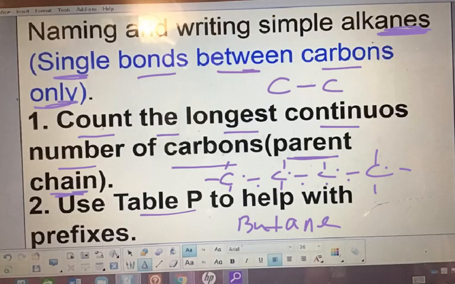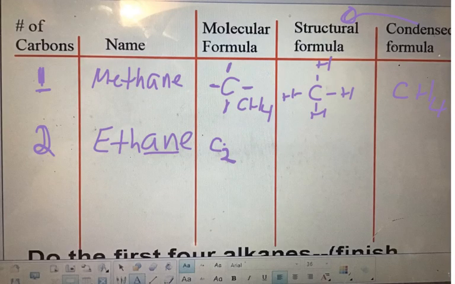Okay? Alrighty. So the previous molecular formula was CH4, and this molecular formula will be C2H6. How to write a structural formula? I write C, that's 2 carbons, and I write the hydrogens around it. Notice I have 1, 2, 3, 4, 5, 6 hydrogens around it, right?